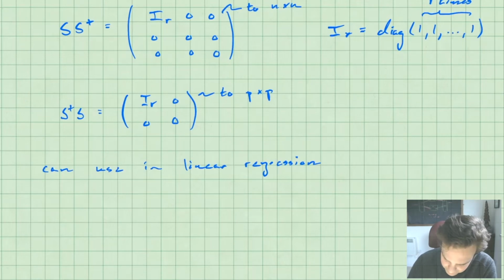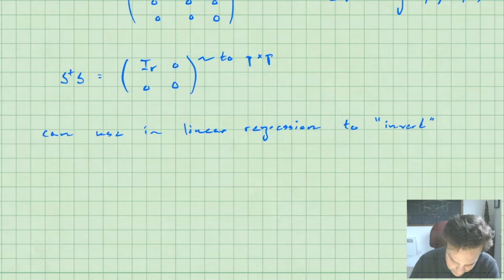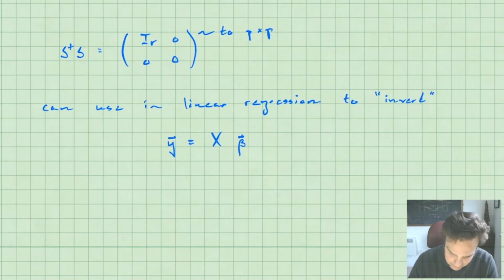You can use it in linear regression to pseudo-invert the following expression. Let's say you have a vector of responses equal to some data matrix times a vector of parameters, like that. So that's linear regression. I'm going to move this over to the left because I want to make a comparison here.